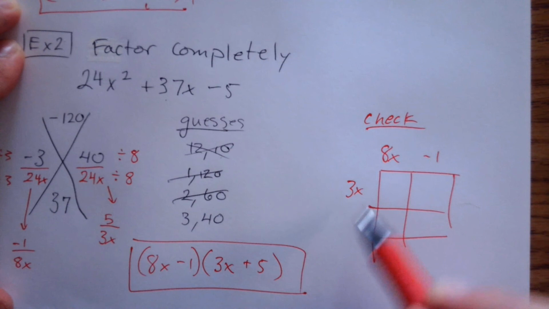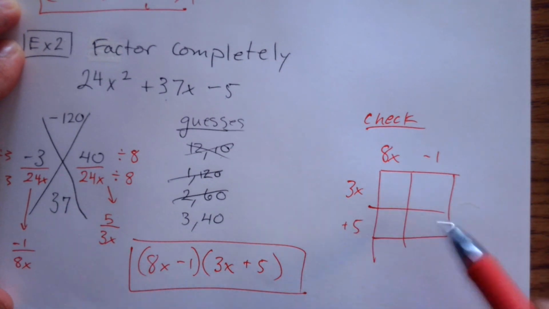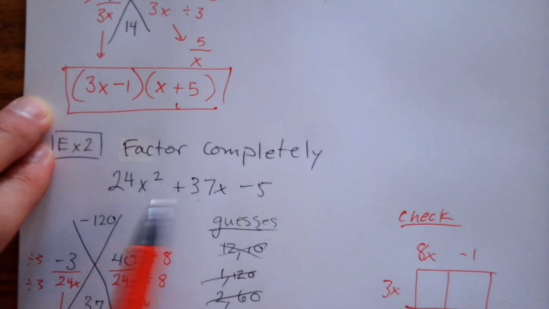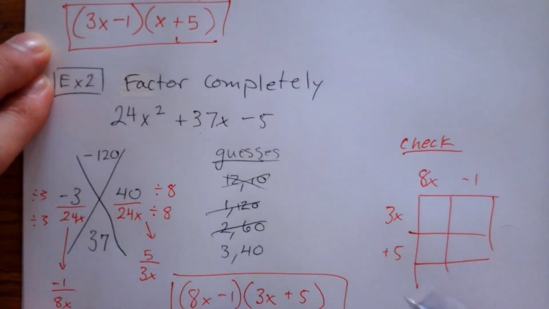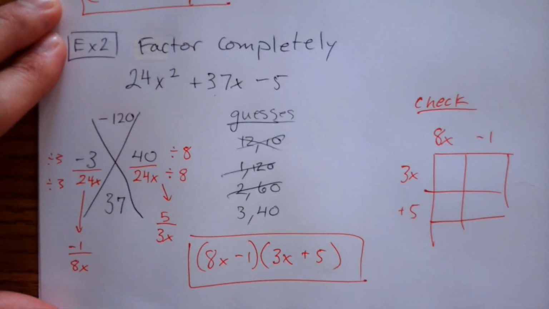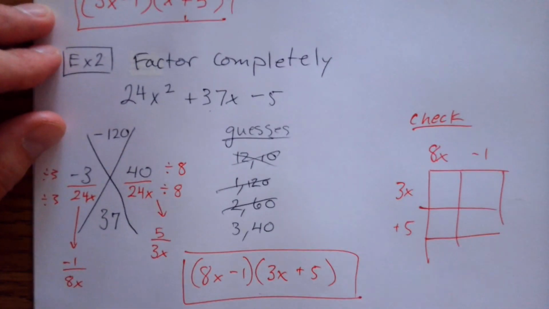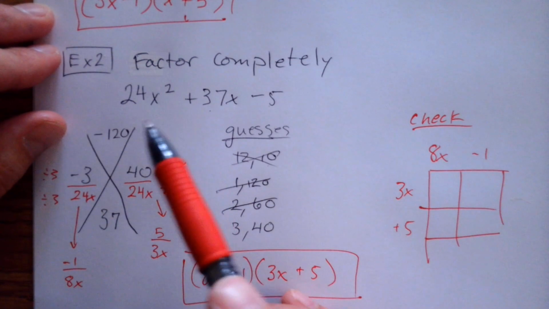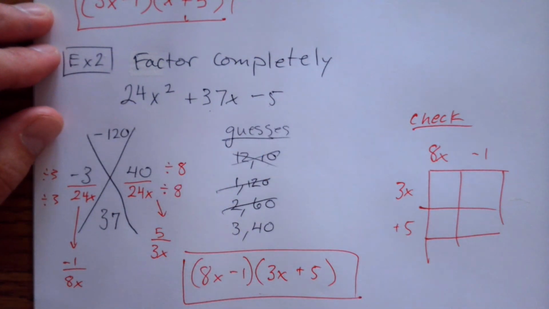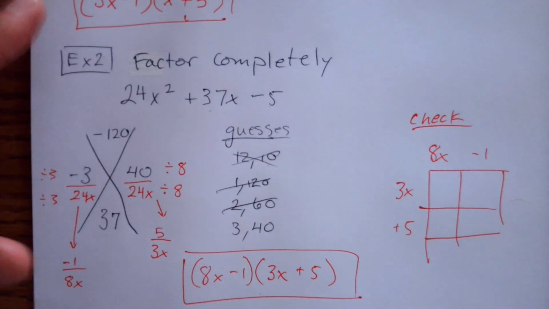And 3x and a positive 5. And fill it in, combine like terms, and then you should get back to this. So this is to check. Or FOIL, yeah, or just like this times 2 of them. That one is less writing. But either way, if you wanted to check, you'd multiply it and you would get this if you did it right. Any questions on this?